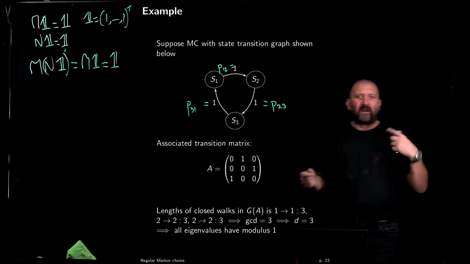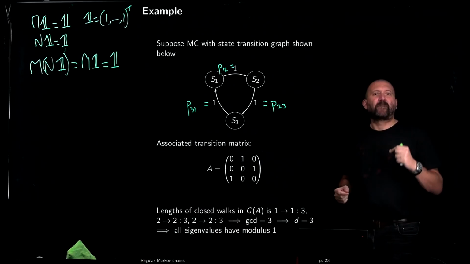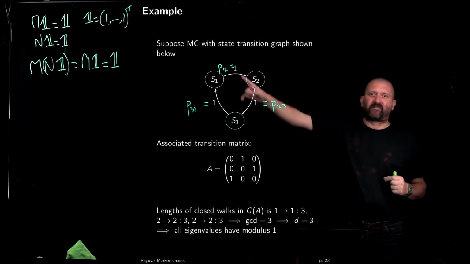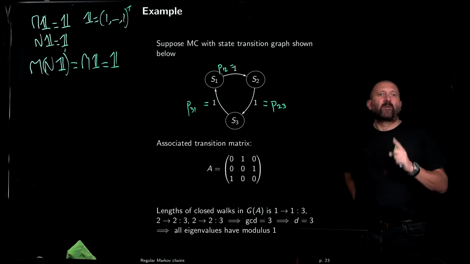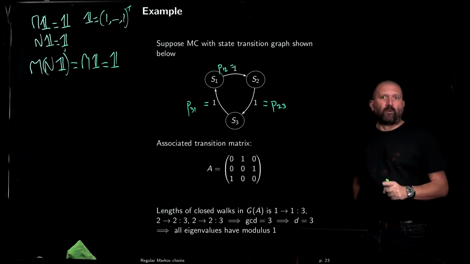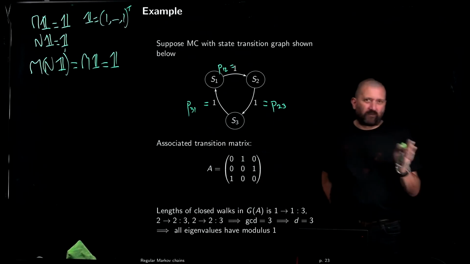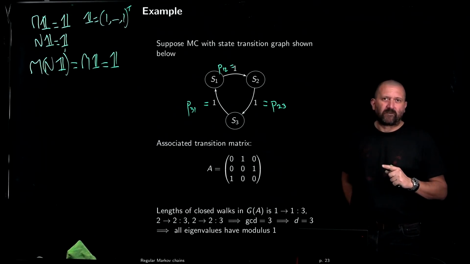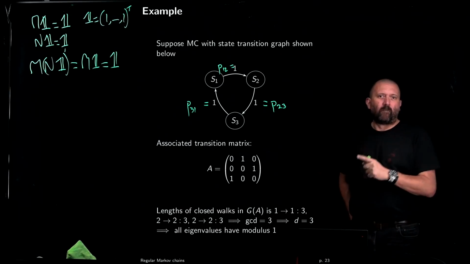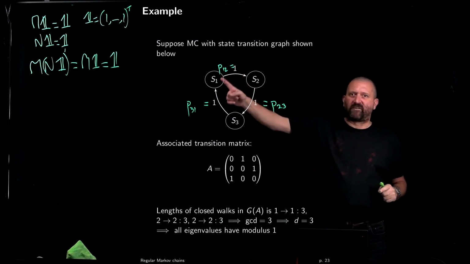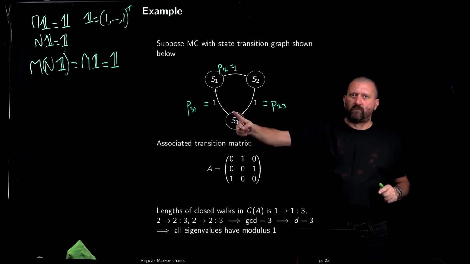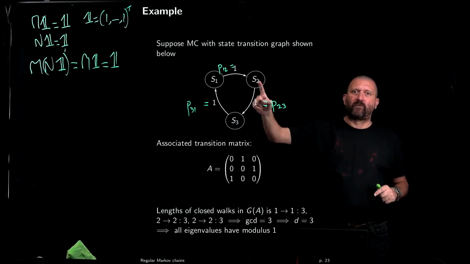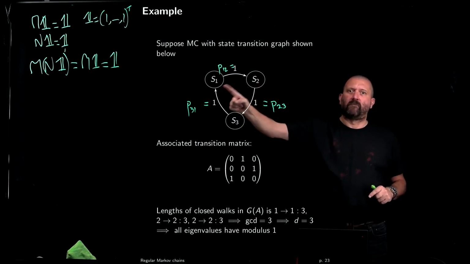But now let's think about the length of closed walks in this graph. How long does it take me to go from 1 to 1? Well, I can start here: 1, 2, 3. From 2 to 2, I go 1, 2, 3.